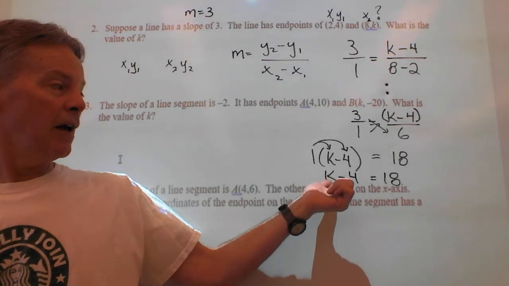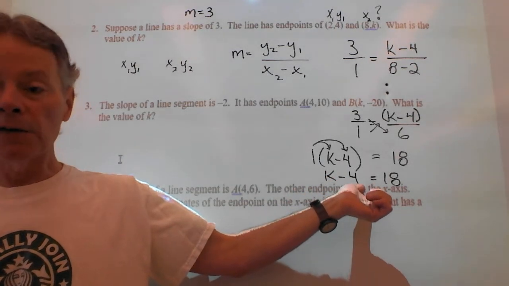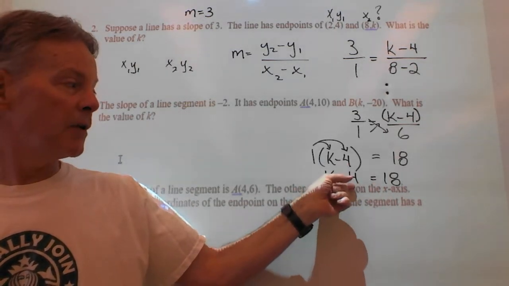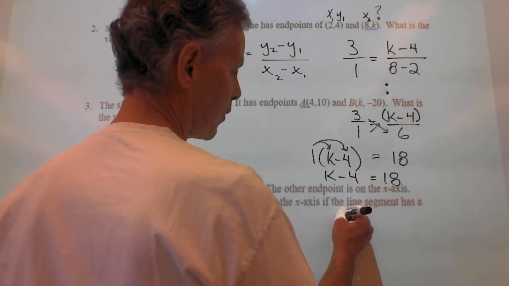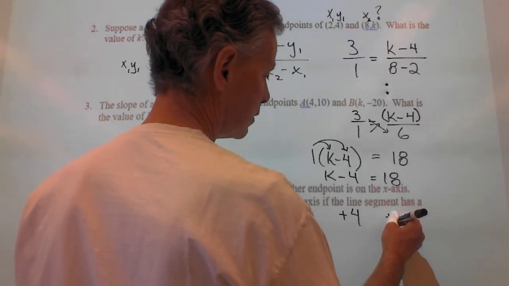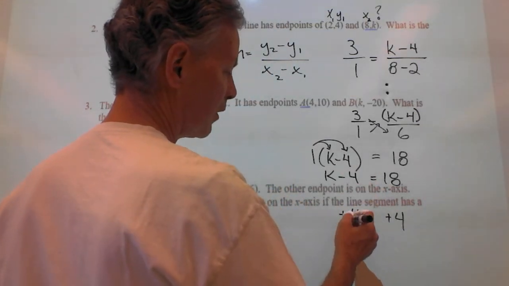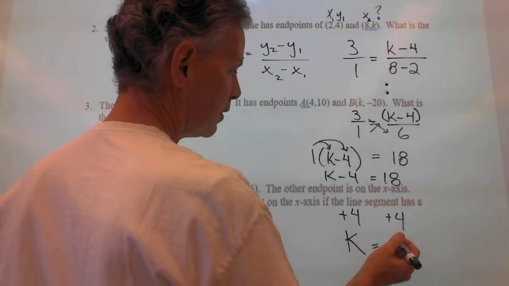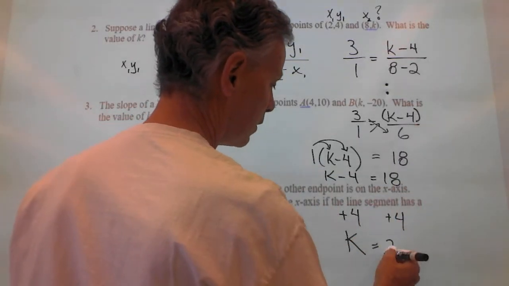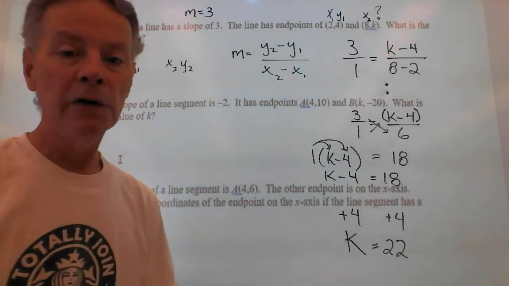To isolate k, remember we have to get rid of this minus 4. So we do the opposite of subtraction to both sides. We're going to add 4 to both sides. Minus 4 plus 4 is 0, so all we're left with is k. 18 plus 4 is 22.